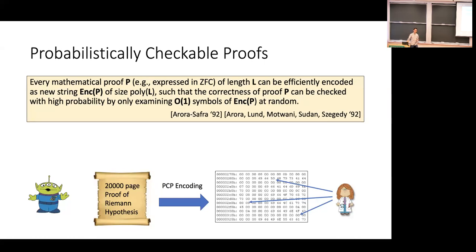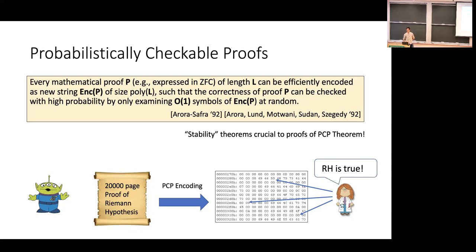So that's what PCPs do for you. Well, it could be pretty smart aliens. So PCPs are great. It's one of the wonderful results that complexity theory proved in the 90s.